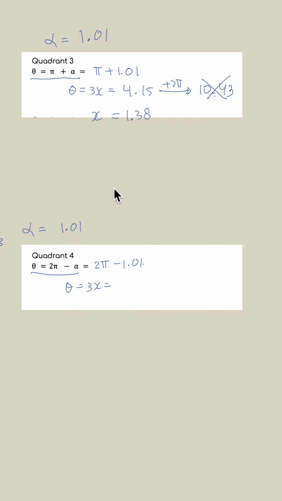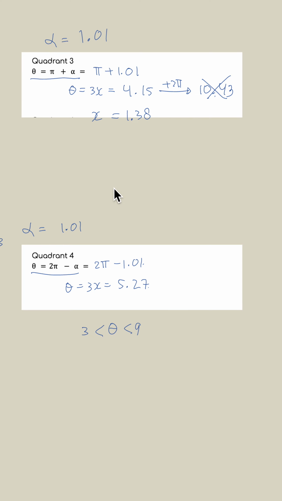You get 5.27 radian. Is this inside the range? Yes, because 5.27 is between 3 to 9.